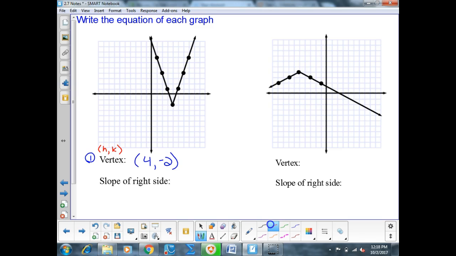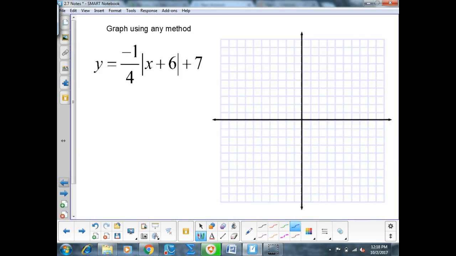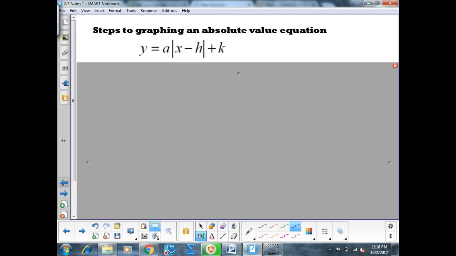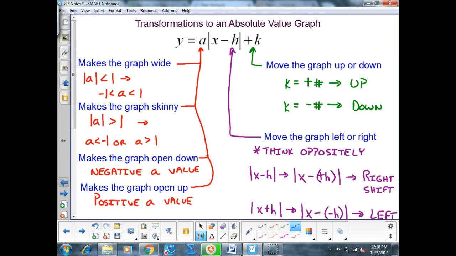The second thing you want to find is the slope of the right side of your absolute value. Why do we want to find the slope of our right side?